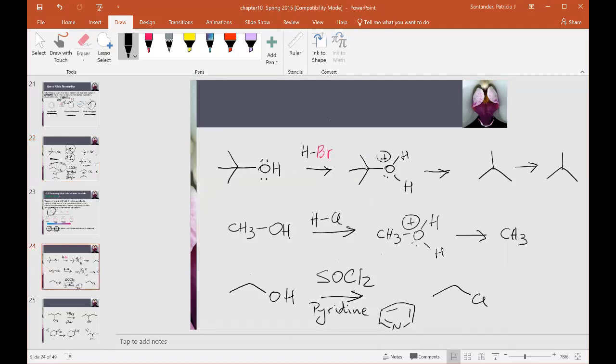If I have a tertiary alcohol like this one, and if I react that with HBr, you may expect that the pair of electrons will capture a proton, then the bromide will leave, so I will have a Br minus.